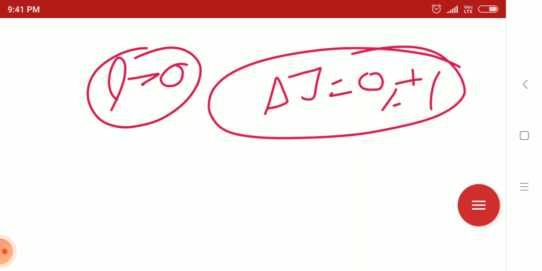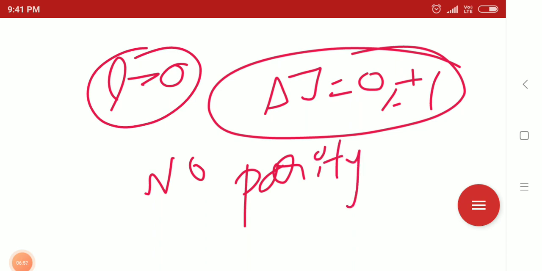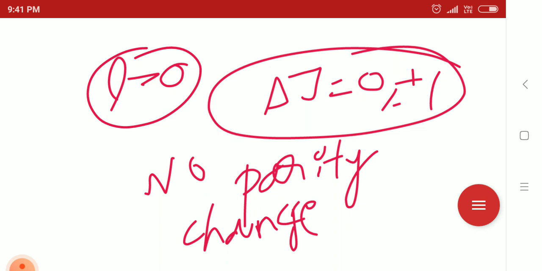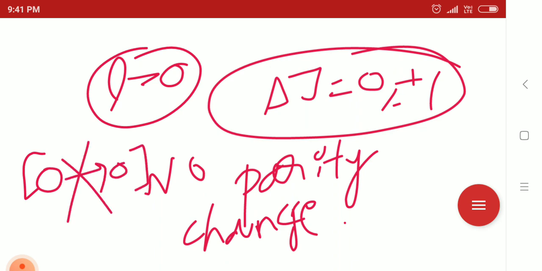So for the Gamow-Teller transition, delta S equals 1, delta J equals 0, plus or minus 1, and in this case no parity change will occur. But the most important thing is that a 0 to 0 transition is not allowed.